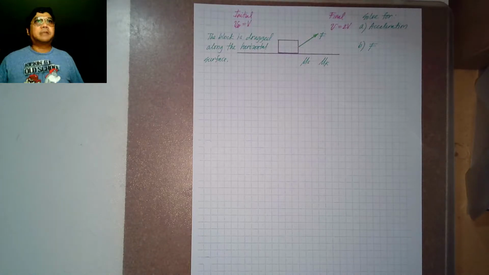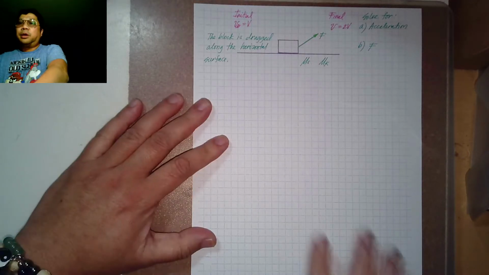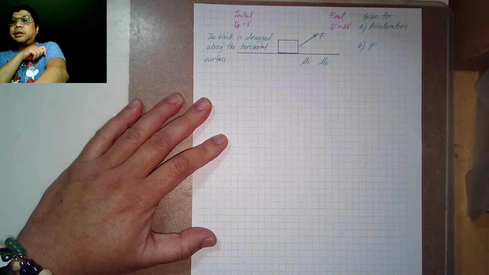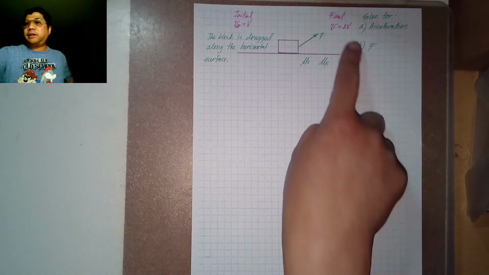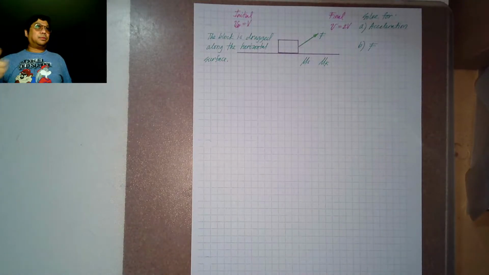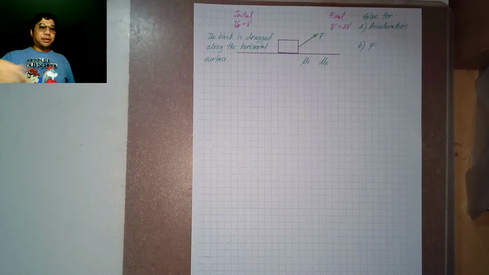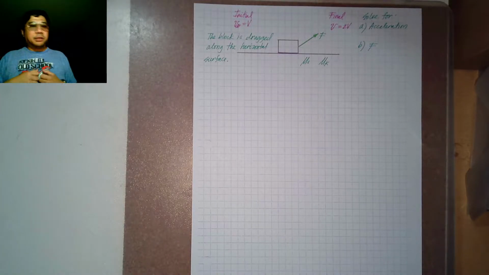This time we have a condition where the initial velocity is v, and the final velocity after you apply the force is 2v, or twice the initial velocity. So there is an increase in velocity.